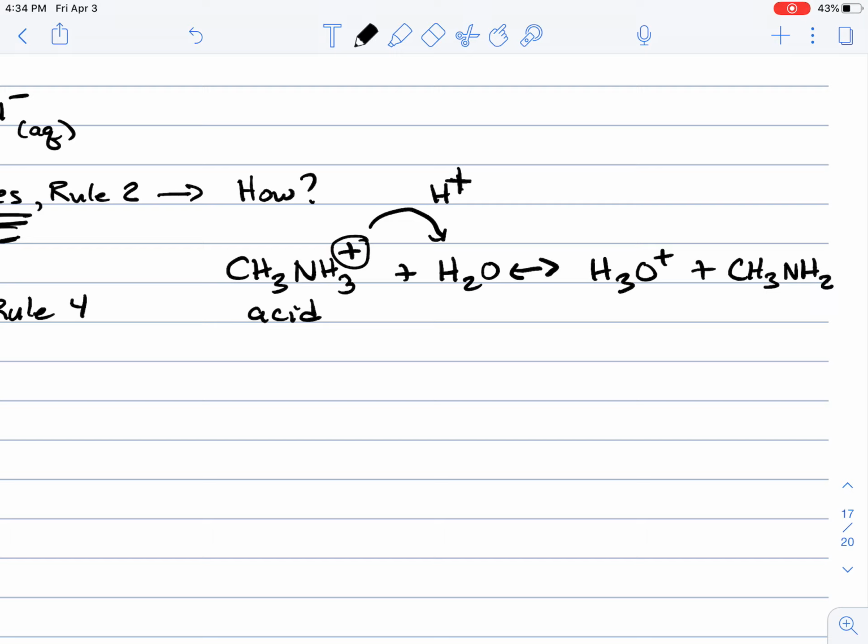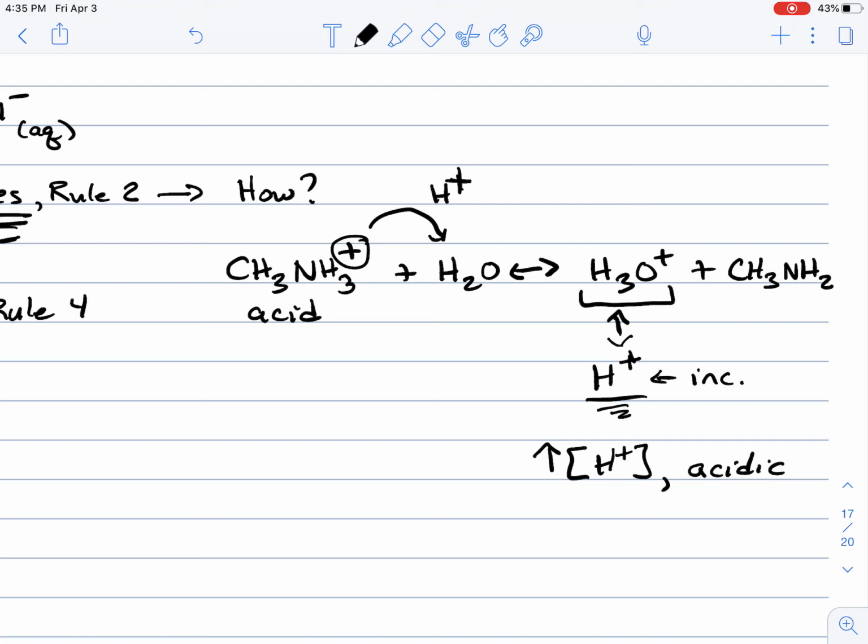If you look at our products, remember that H3O+ is equivalent to a proton. Since we're producing H+ in solution, we're increasing its concentration, so the solution is going to be more acidic. Anything that's acidic will have a pH less than 7.